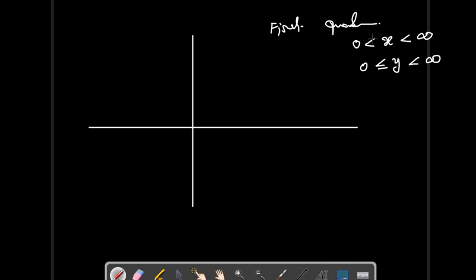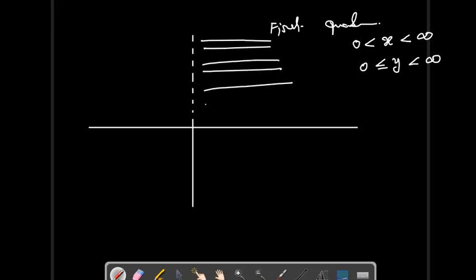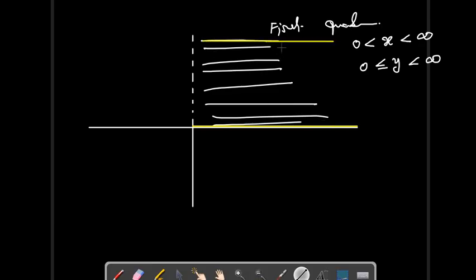It means that x is strictly positive, so we are not considering this axis, whereas this region we are taking. And also we are considering the x-axis. Okay, so this is our set.